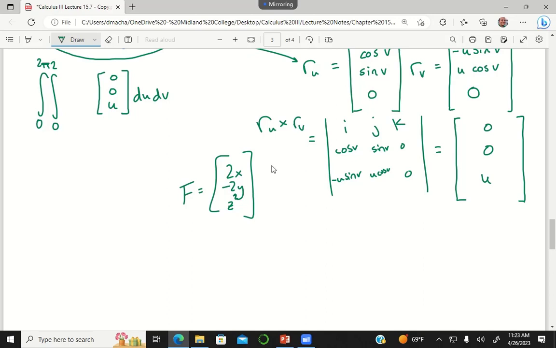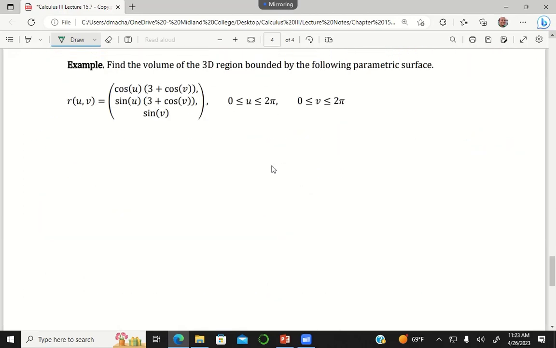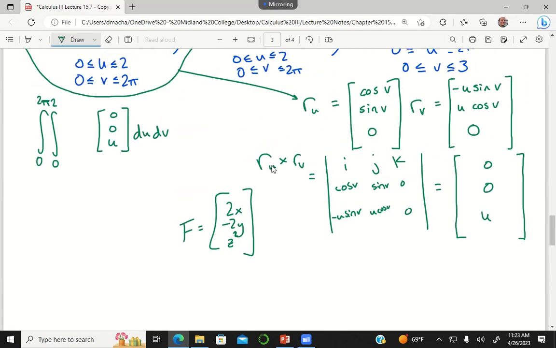I have to replace these x's and y's with the u's and v's, right? Or alternatively, I could replace the u's and v's with x's and y's, but let's just go ahead and convert x and y into u and v. So x is u cosine v, y is u sine v. And then z is 0 in this vector field.